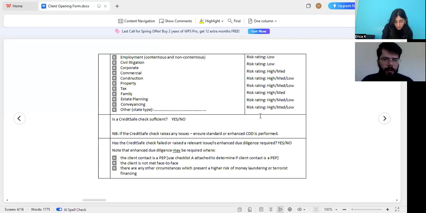You've got this drop-down list, which is employment, civil litigation, corporate, commercial, construction, property, tax, family, estate planning, conveyancing, or other. Now, employment is low risk, civil litigation is low risk, corporate, commercial, and all of the others, apart from family, have a high to low range of risk.